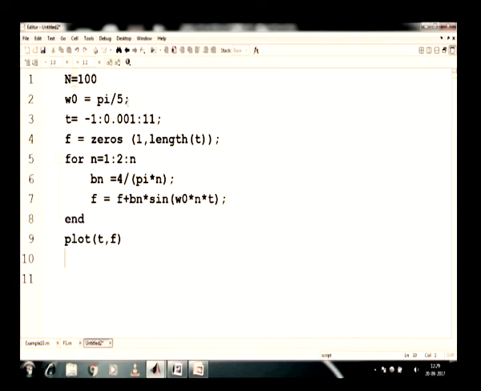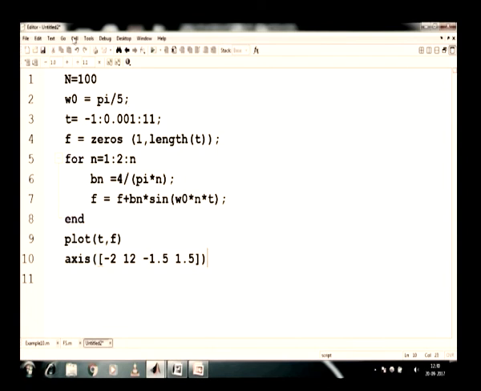You can take the axis -2 to 12, then -1.5 to plus 1.5.